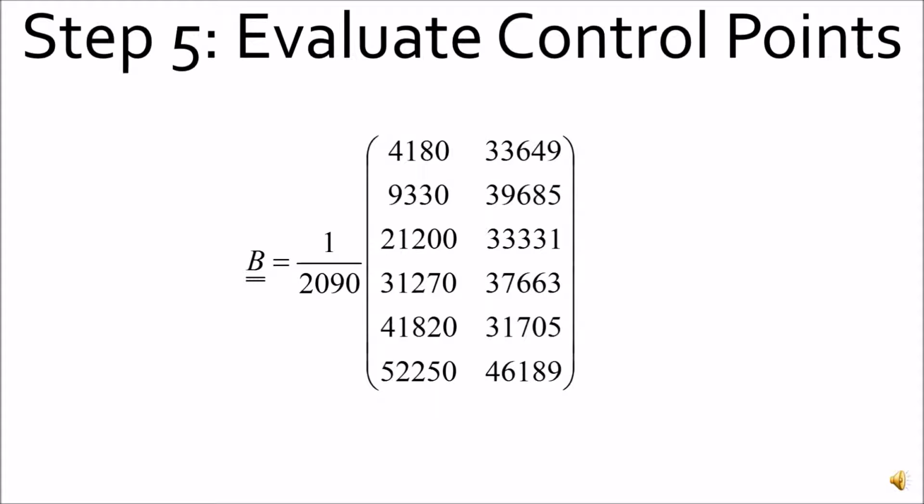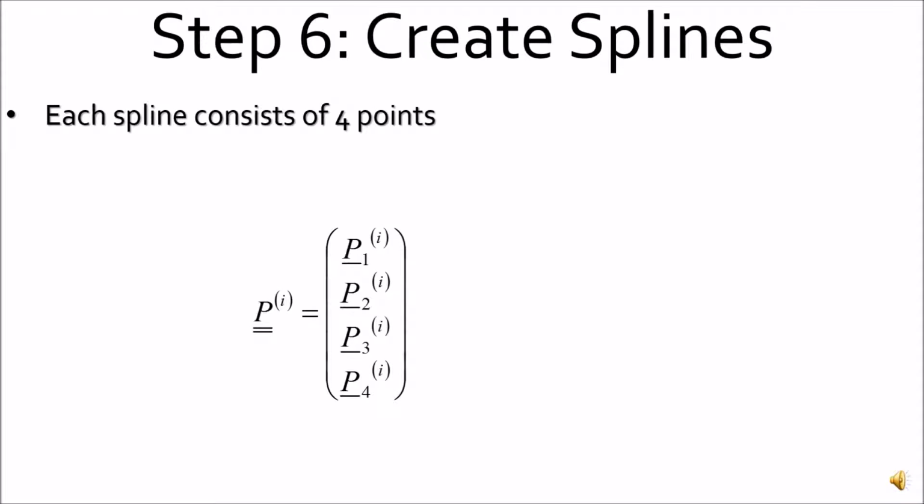Now we come on to step 6, which is the most involved part of the process, and this is where we create the splines. Between each pair of data points we have to create a spline. So in essence, we're creating multiple splines rather than just one large one. Each of these splines is made up of 4 points.